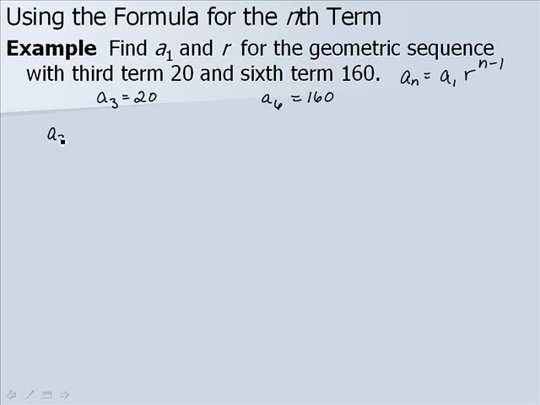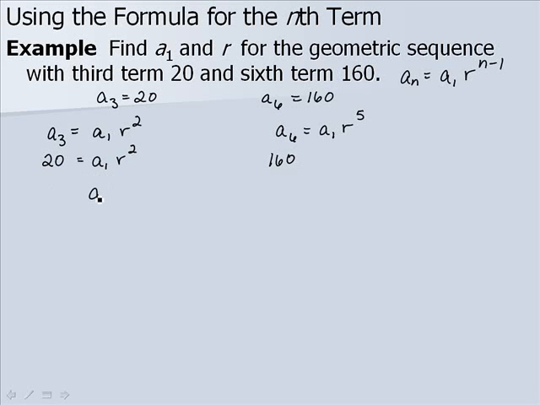So we have a3 would be equal to a1 r squared, and a6 would be equal to a1 r to the 5th. So what we'll do is we'll plug in our value for a3 and a6 into our equations, and we'll solve them for a1.